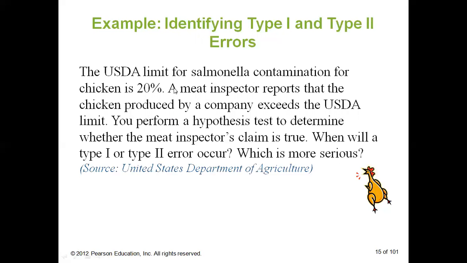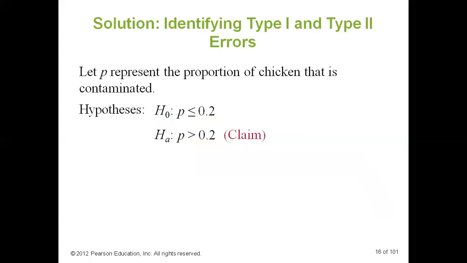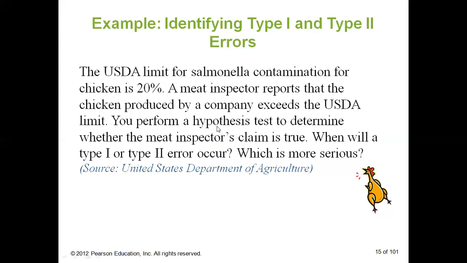So the hypothesis is P should be less than or equal to 0.2, because it is 20%. The maximum limit should be 20%. It can be less than 20%, but the maximum should be 20%.